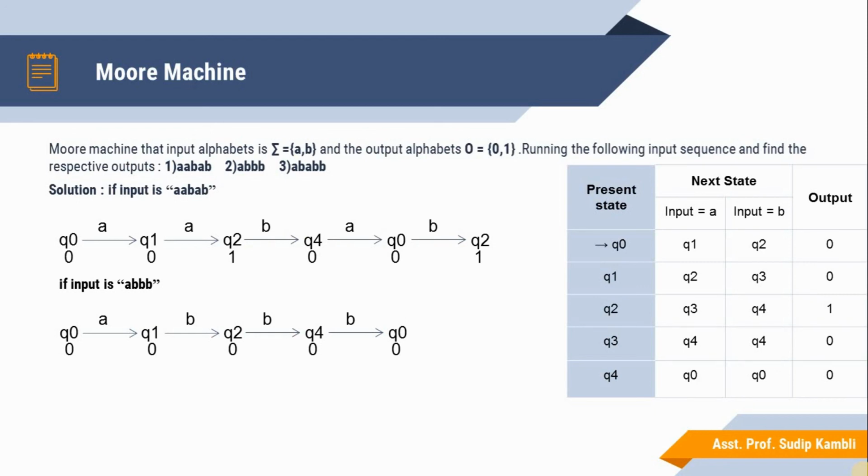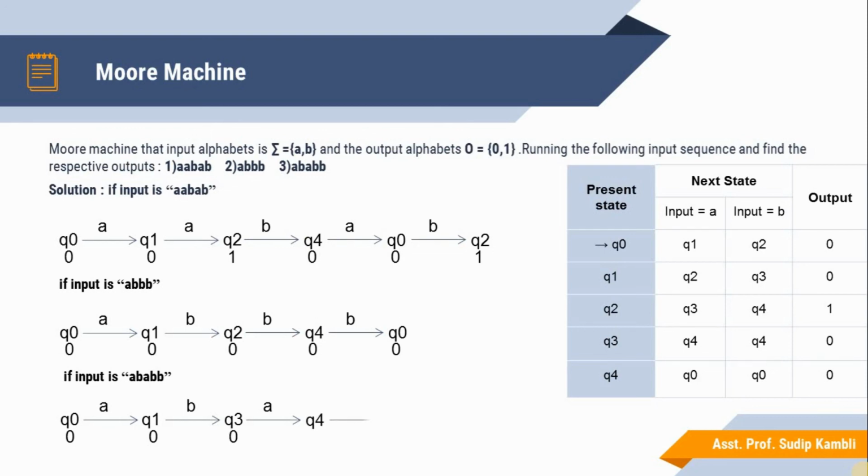In the next example, the input is A, B, A, B, B. It starts similarly at state Q0. Q0 scans the first alphabet of the string, A, to go to state Q1, and the output will be 0. Then Q1 scans the next alphabet B to go to state Q3, and the output will be 0.